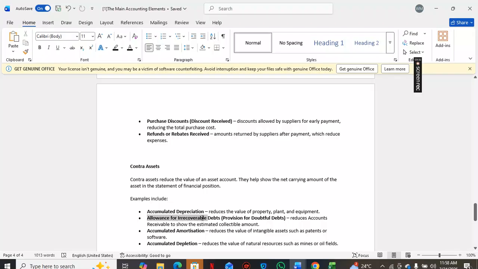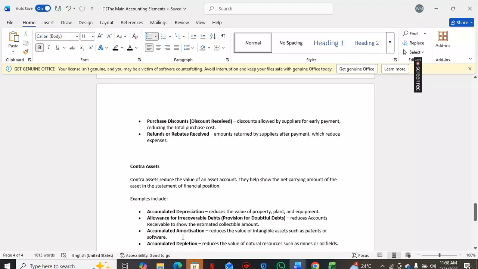You've got allowance for irrecoverable debts and provision for doubtful debts. This is an estimation of the money you might not get back from the people who are owing you money. So you have to reduce the trade receivables value.